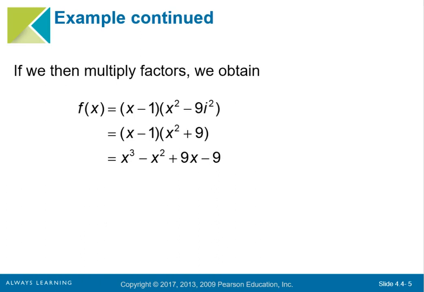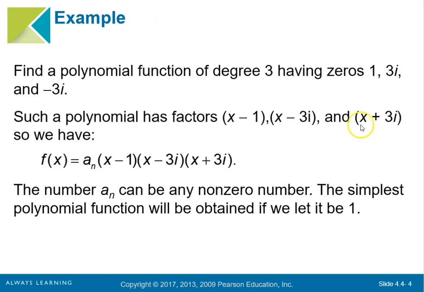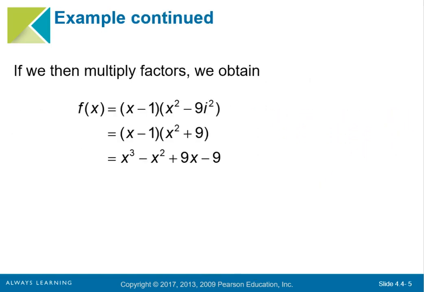Okay, we can then multiply the factors. We're going to get this. This is one of the reasons why it's really cool to use these numbers. If I take x minus 3i and x plus 3i, I'm going to get the squares of each of those. So I'm going to have x squared minus 9i squared, and i squared is negative 1.